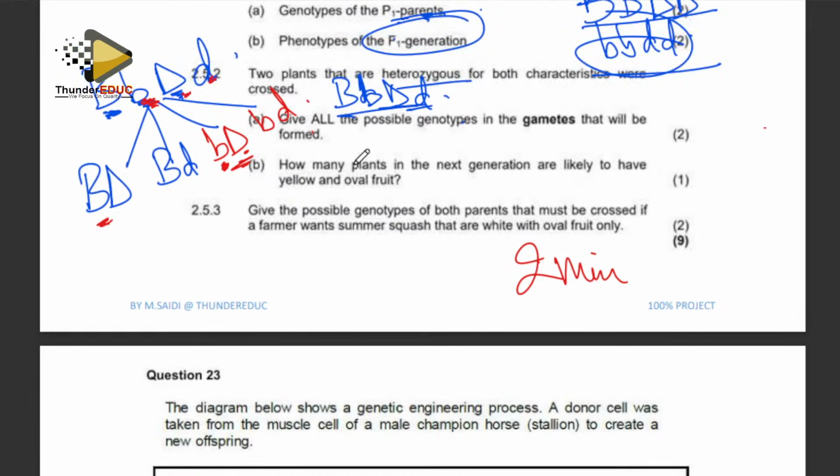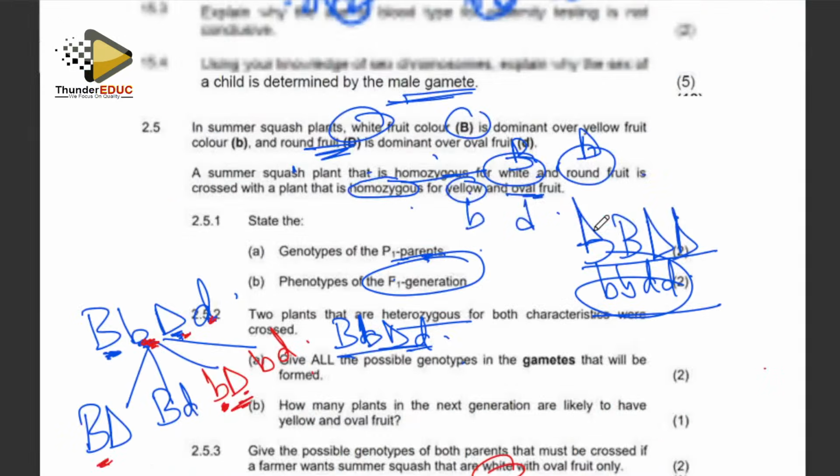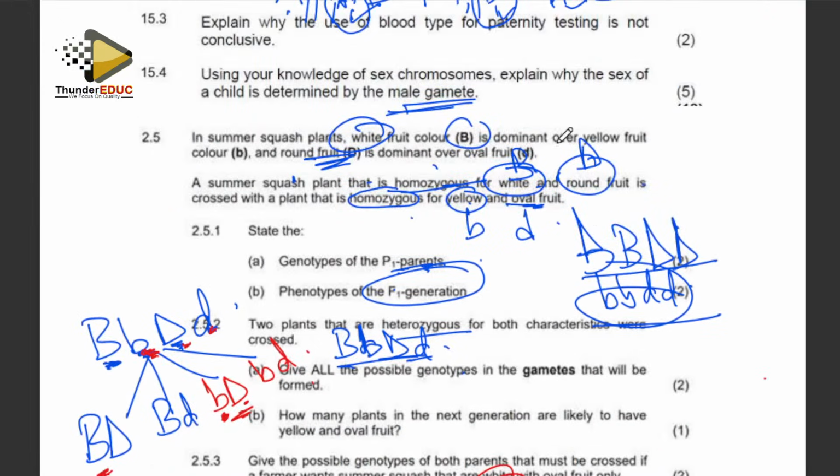All right. We're saying, give the possible genotypes of both parents that must be crossed if the farmer wants the squash that is white with oval fruit. Now I need to find out who is white. White is dominant, right? They said white is dominant.